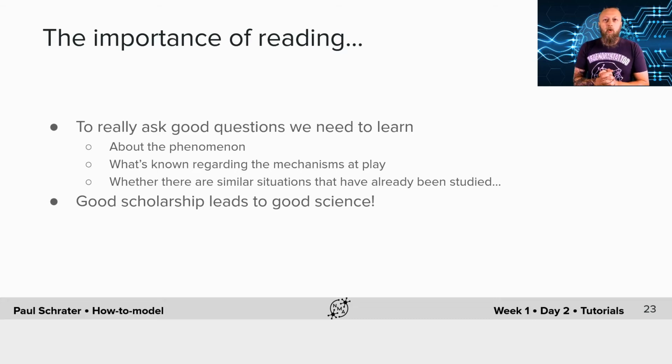We have earlier introduced some pieces of background information about the train illusion. Now the importance of doing the background research, the importance of reading, is really that it allows you to ask good questions, right?